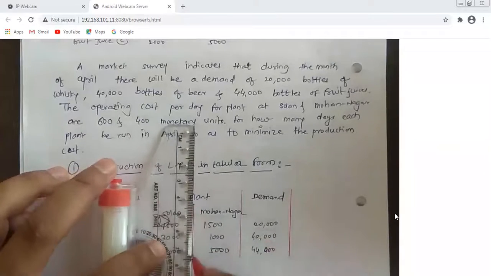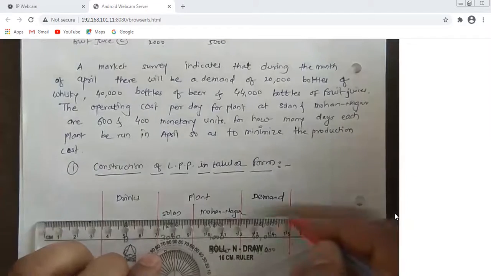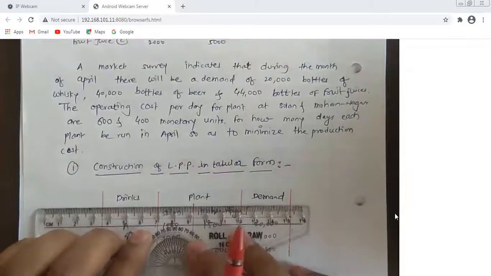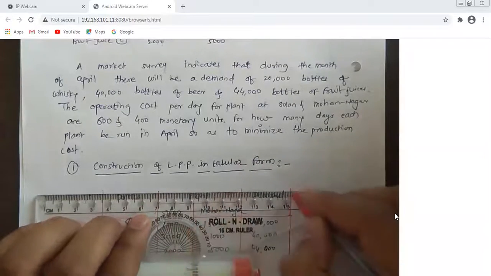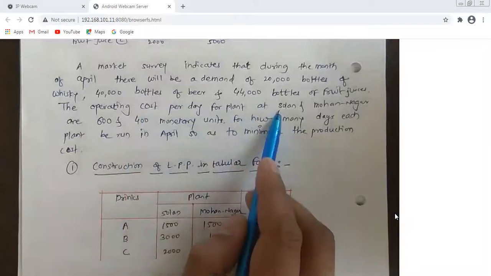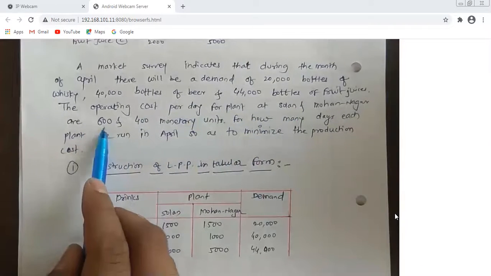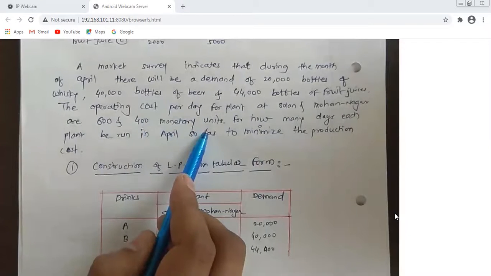What we did, we have converted the given numerical into the form of a table, but we missed one more given data. See, the operating cost per day for a plant at Solan and Mohan Nagar are 600 and 400 monetary units. So this is also one given data.